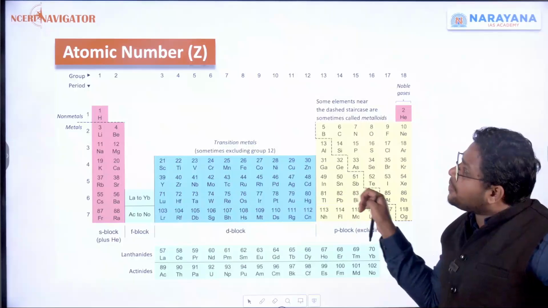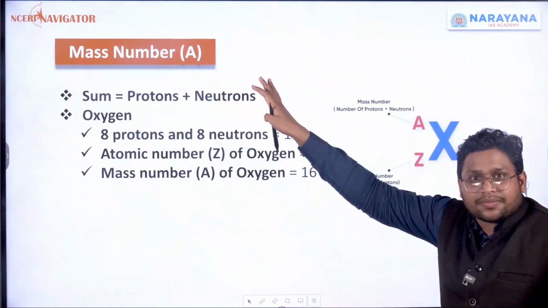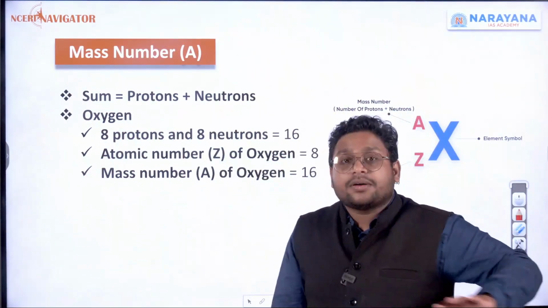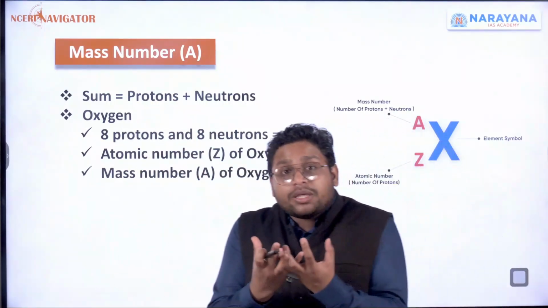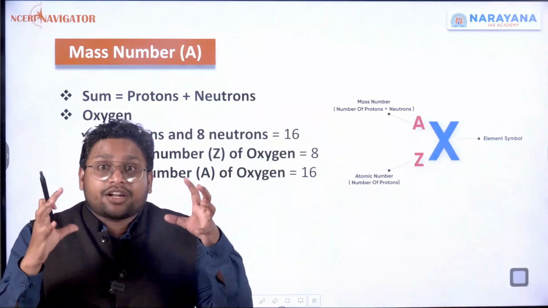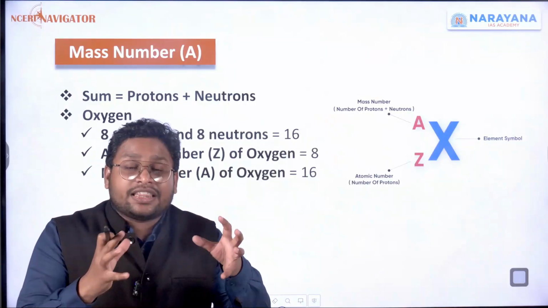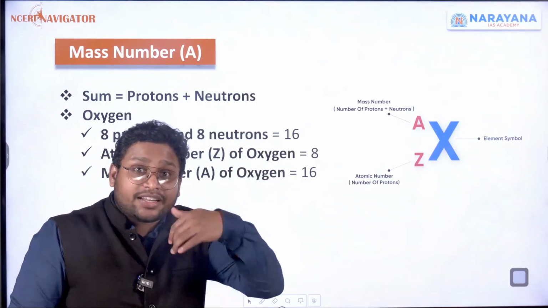There is another concept called mass number. Atomic number is different, mass number is different. When we say mass number, we are talking about the mass, the matter content that is there in anything. That is the mass number.